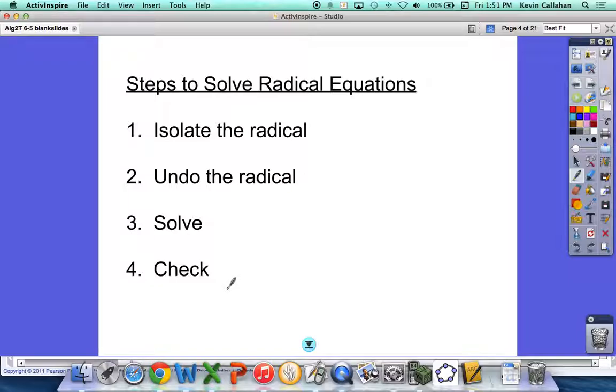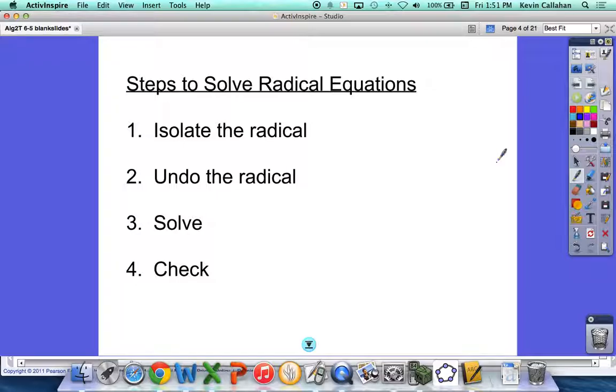And then the checking part. Just like with absolute value, sometimes we had extraneous solutions, and the same thing can happen with radical equations. Sometimes it's important to check for extraneous solutions. I mean, it's always a good idea to check your answer.